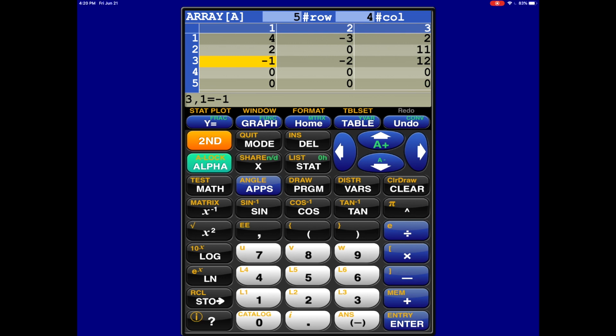And then third row, -1, -2, 0, 3. Fourth row, 14, -2, 12, and -9. And our fifth row, 6, 8, -5, and 4. Cool? Okay, so we'll quit out of there.